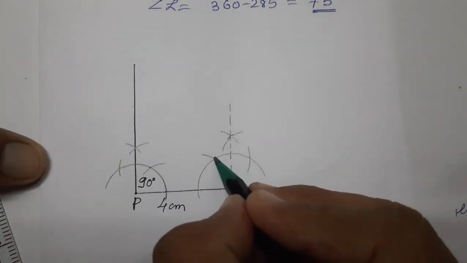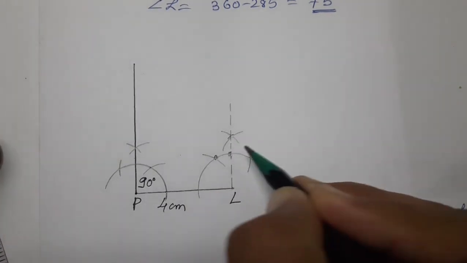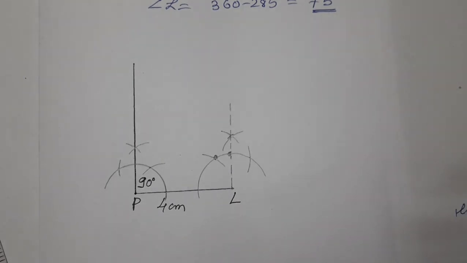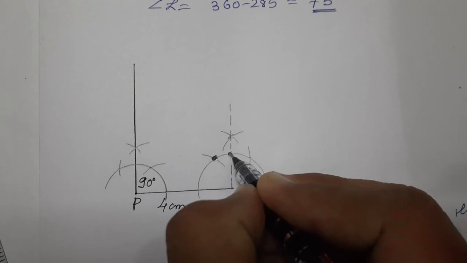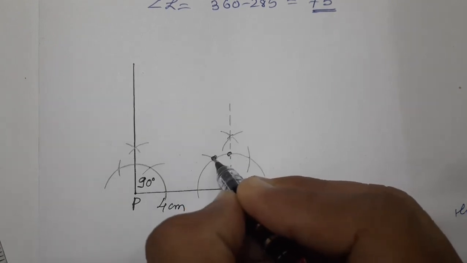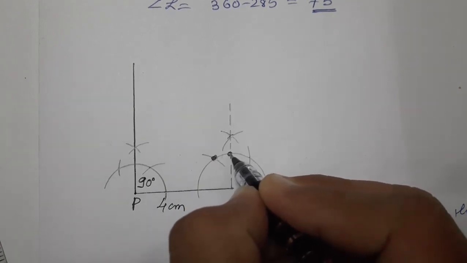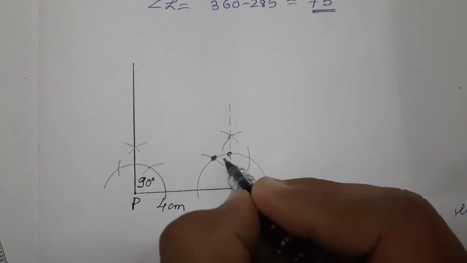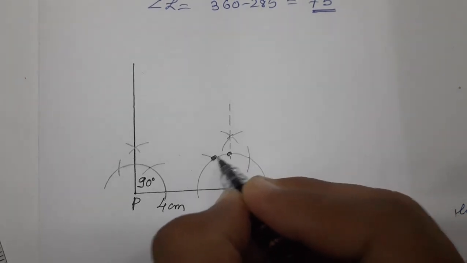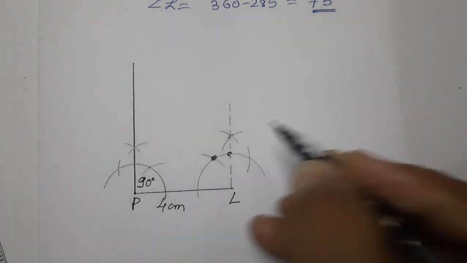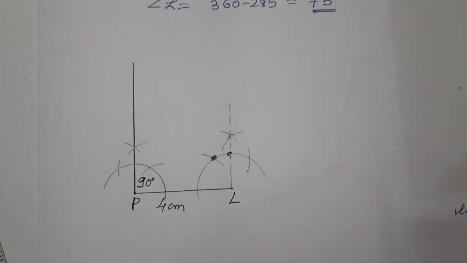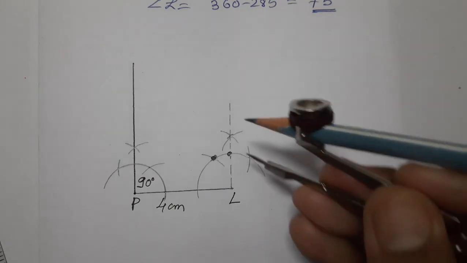Now 75 lies between 90 and 60 degrees. This is 60, this is 90, and if we bisect 90 and 60, we will get 75. So I am bisecting these two points with a small arc radius so that we get an angle of 75 degrees.